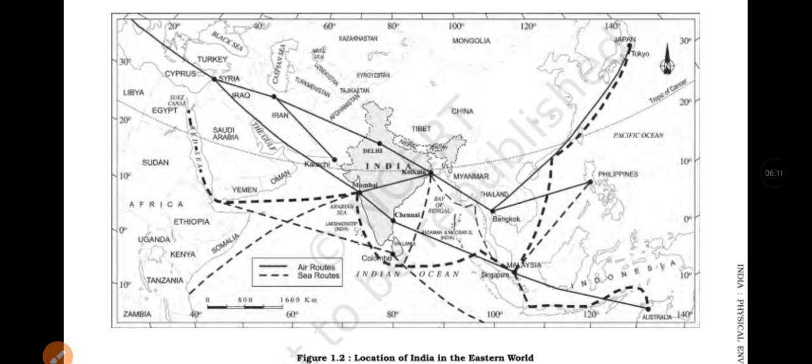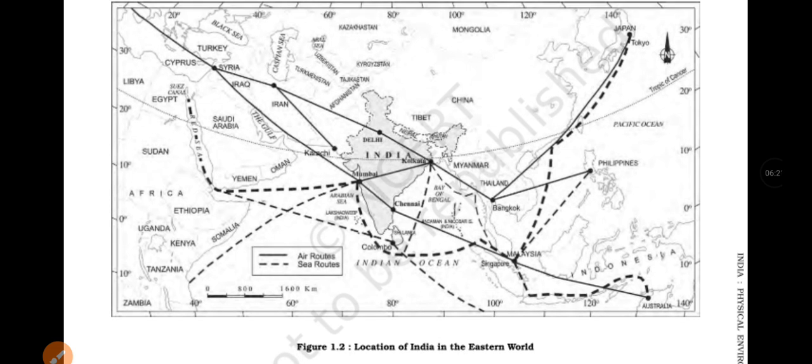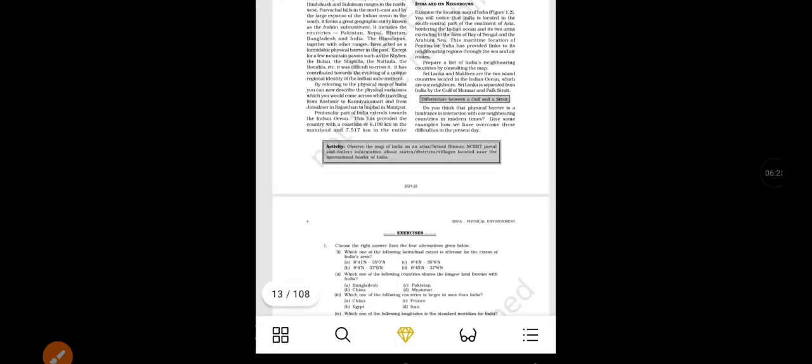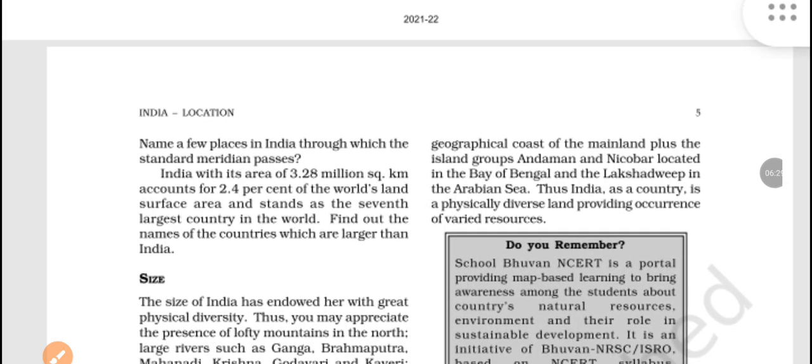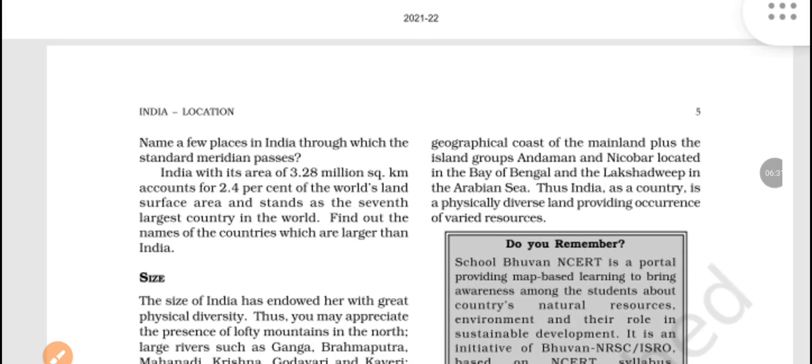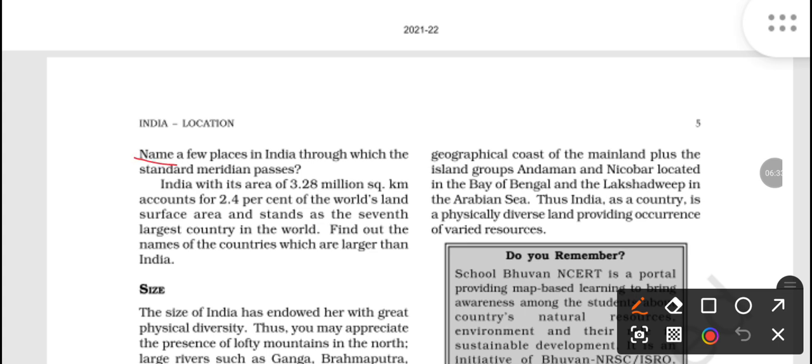Location of India in the Eastern world. Name a few places in India through which the standard meridian passes.